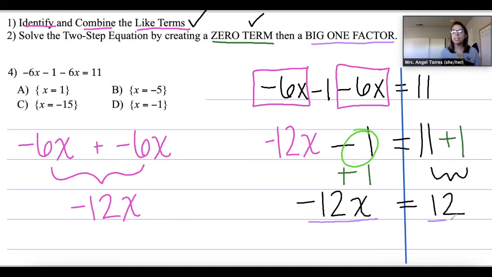Now, because x is being multiplied by negative 12, we need to divide by negative 12 because that creates a positive big one factor. And we're left with x equals 12 divided by negative 12 is negative 1, meaning the solution here is D, negative 1.